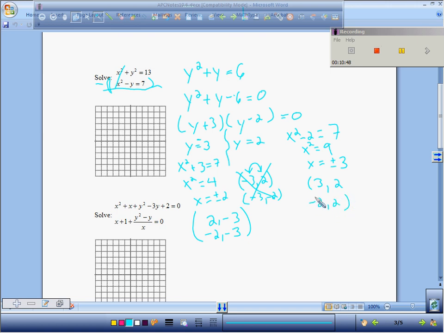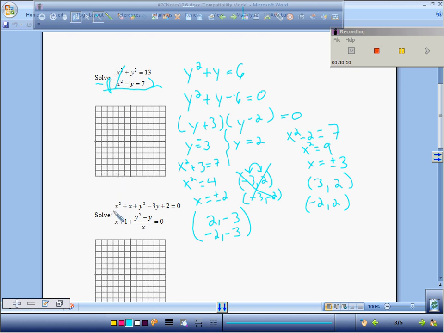So this one crosses at 4 places. All right? No trouble? Do you have to check? Yeah, I guess you should check and plug it in there and make sure they all work. But I think algebraically it should work.